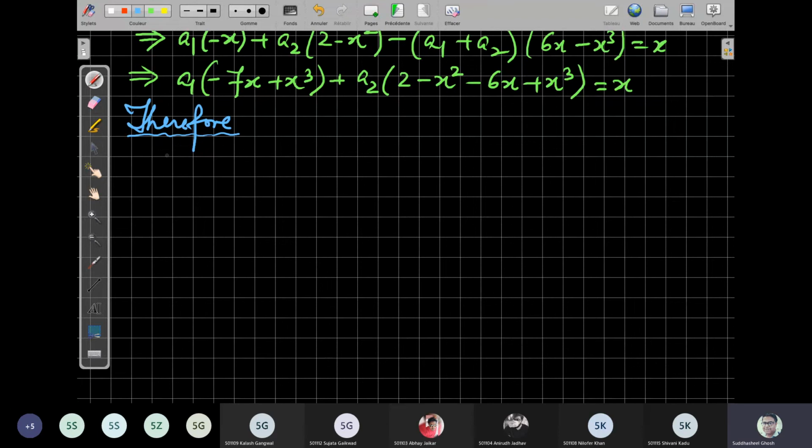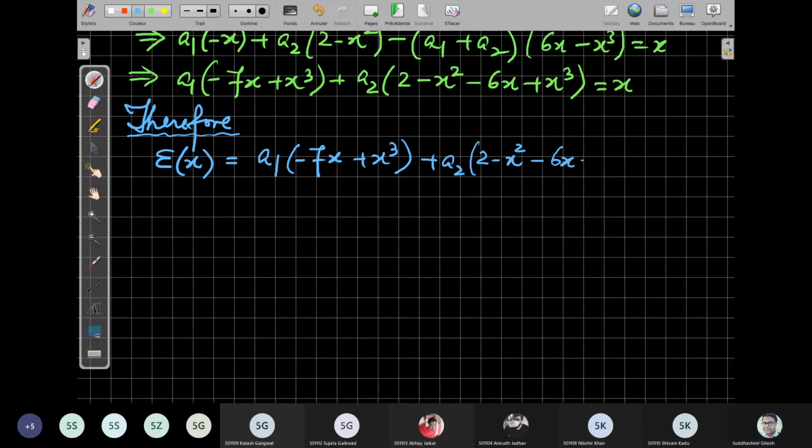So my residual term, this term, is given as a1 into minus 7x plus x cube, plus a2 into 2 minus x square, minus 6x plus x cube, minus x. That is my residual term.